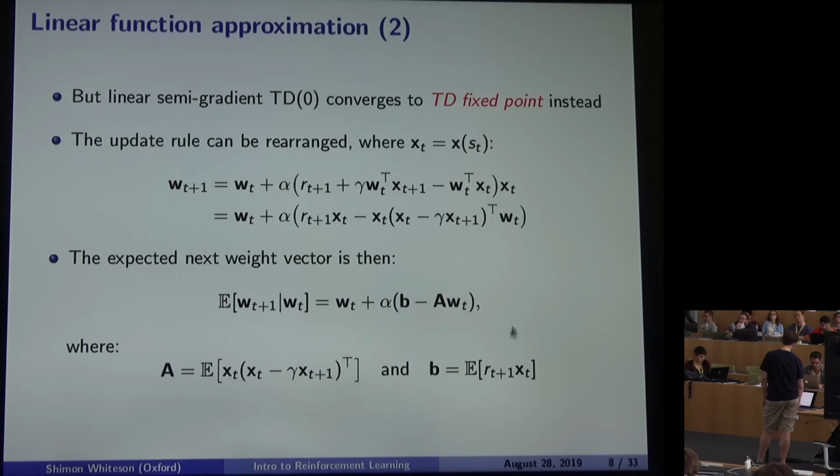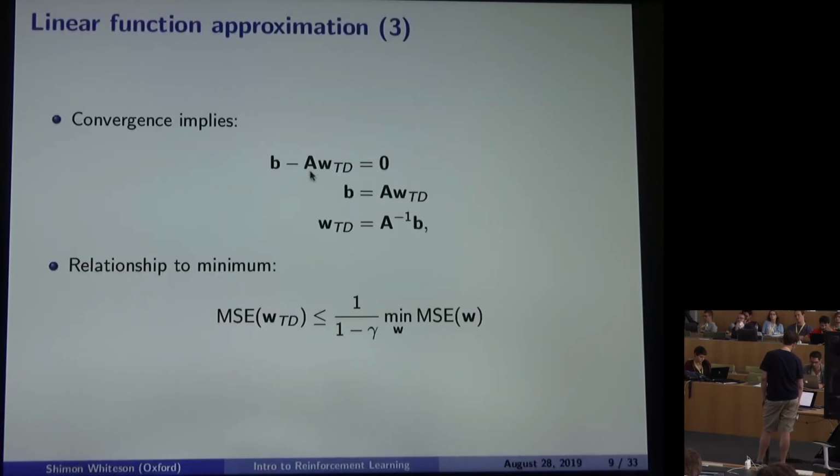So if the expected update is 0, that means this quantity must be 0. Now we take this and solve for w. If we solve for w, we get the TD fixed point. So when the semi-gradient method with linear function approximation converges, this is what it will converge to. It's not the local minimum, it's something else called the TD fixed point.